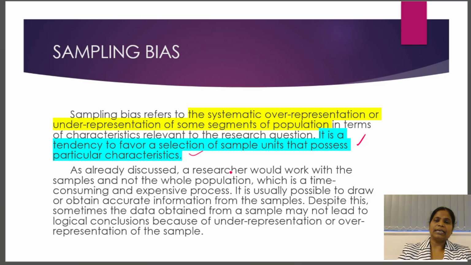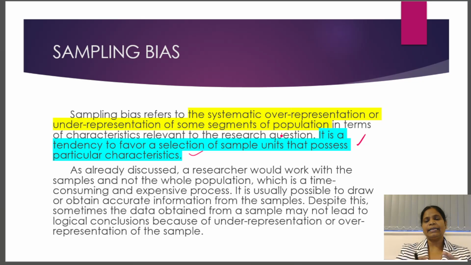As already discussed, a researcher would work with samples and not the whole population. So from the whole population we will select a target population. From that, whichever participants or subjects are accessible, the researcher would like to include in the study. So it is in the researcher's hands how he designs his research, on whom he wants to select, where he wants to select, and how much sample he wants to select.